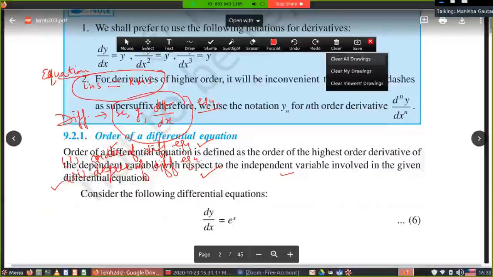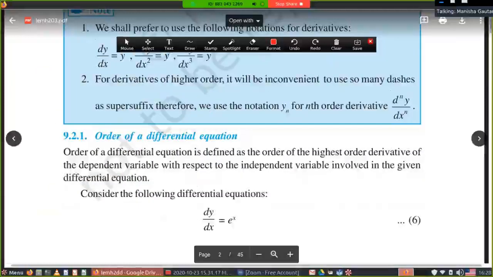Order of the differential equation. Highest order derivative of the dependent variable with respect to the independent variable given in the differential equation is known as the order of the differential equation. As I told you, maximum order means maximum derivative which is done in the equation.